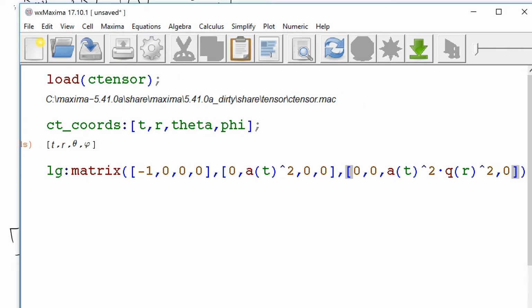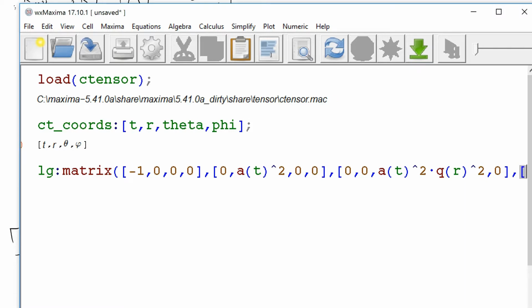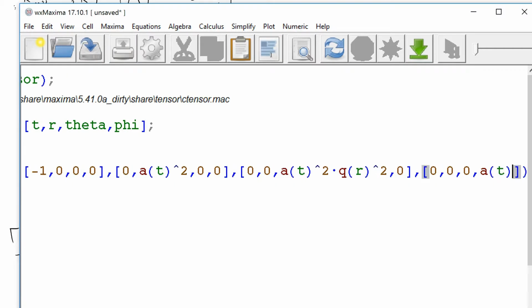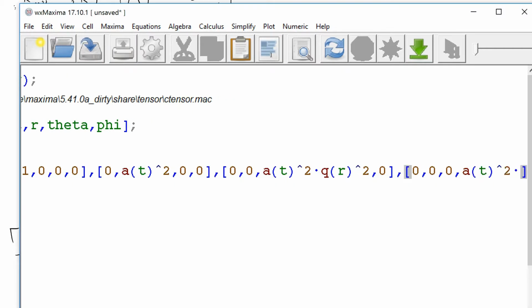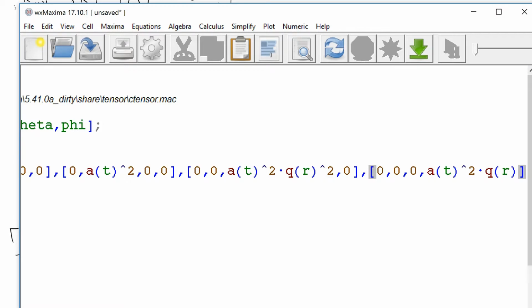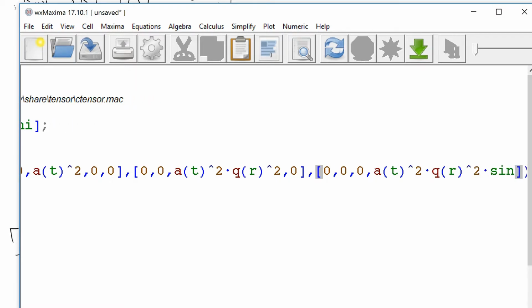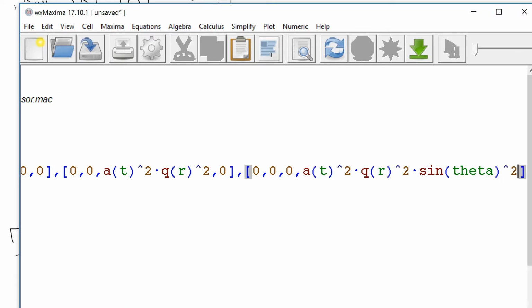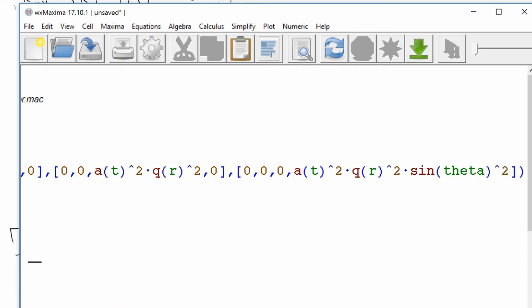Close square bracket, comma, open another square bracket, 0, 0, 0, and now the final term, a of t squared q of r squared sine theta squared. And then I need to, oh no, it's already closed the brackets for me. Here we go. And with any luck, can I scroll? No, I need to use this.